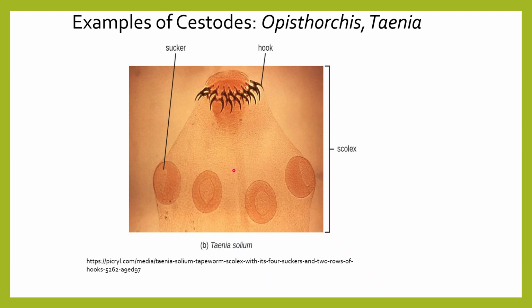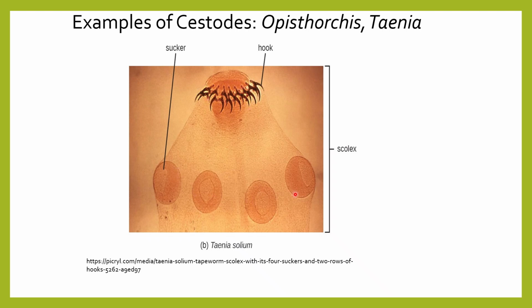This image shows the scolex of Taenia solium, the pork tapeworm. You can see here that there are hooks, around 22 to 32, which are chitinous in nature, and they are arranged in two rows. The apex is called the rostellum, and these are the two rows of chitinous hooks.